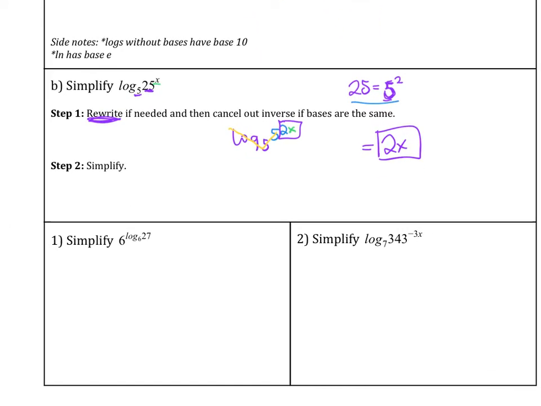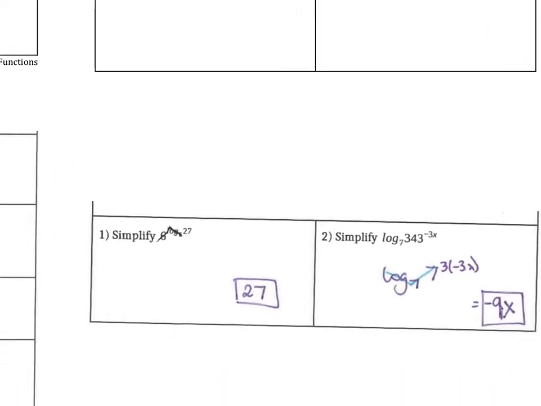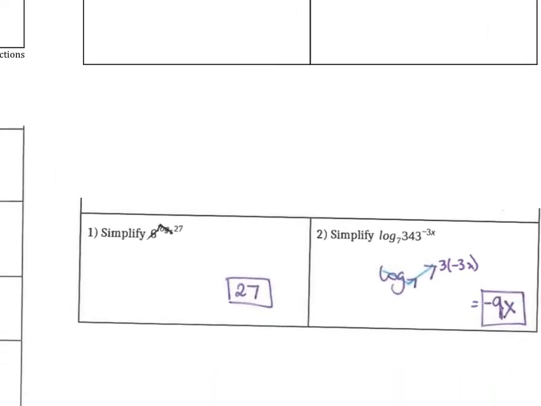So try out these two examples here. Simplify 6 raised to the log base 6 of 27, and number 2, log base 7 of 343 raised to the negative 3x. Now, if you tried it out, the 6 and log base 6 cancel out, and so the answer is 27.